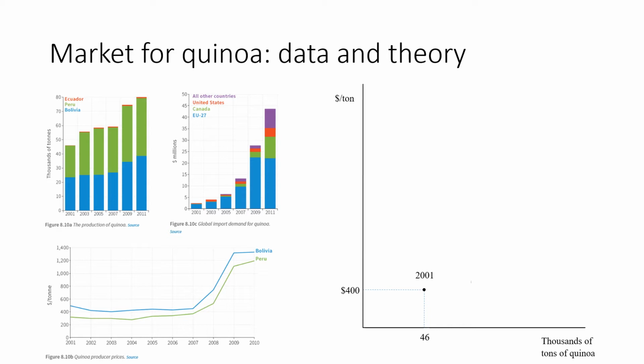That data point is something that we observe in the real world. We also observed in the real world that in 2011, there was almost twice as much quinoa produced, 80,000 tons, and it was selling for about $1,300 per ton. So that's all we observe in the world.